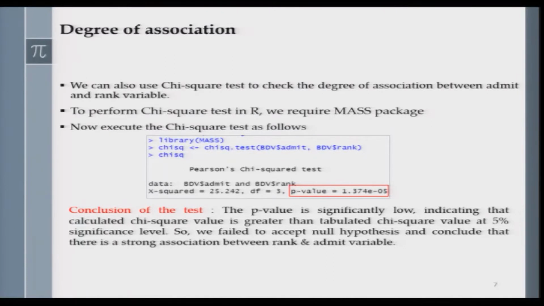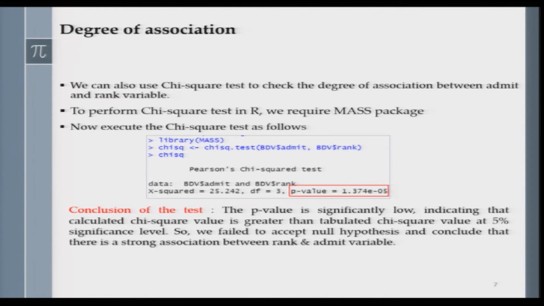Note that, as usual, the chi-square test in R is not automatically done. So, you require a package, and you require the MASS package. You have to download and install that package on your machine, and then you can follow the code.